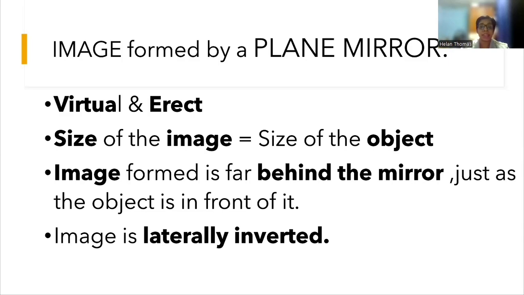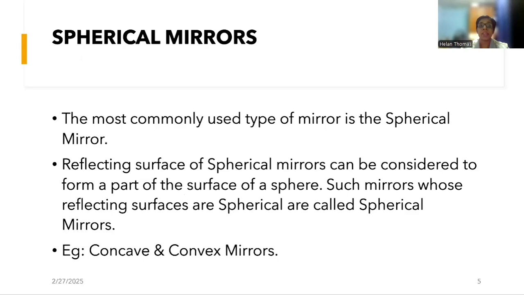The image is laterally inverted. Regarding spherical mirrors, the most common types are the concave mirror and the convex mirror. We believe that spherical mirrors can be considered a part of the surface of a sphere, right?